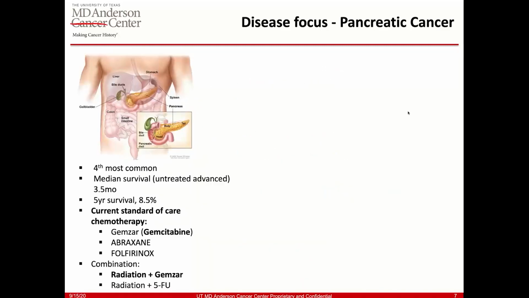The first disease of focus is pancreatic cancer. As many of you would know, this has a very, very bad prognosis, and it's the fourth most common cancer in the US, with a 5-year survival rate of only 8.5%.